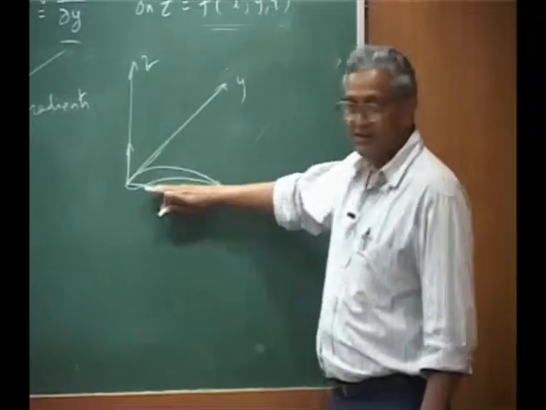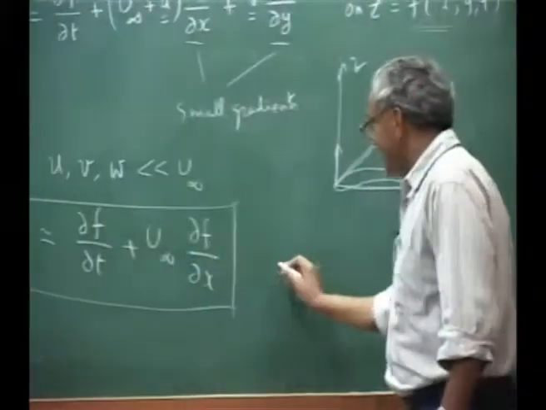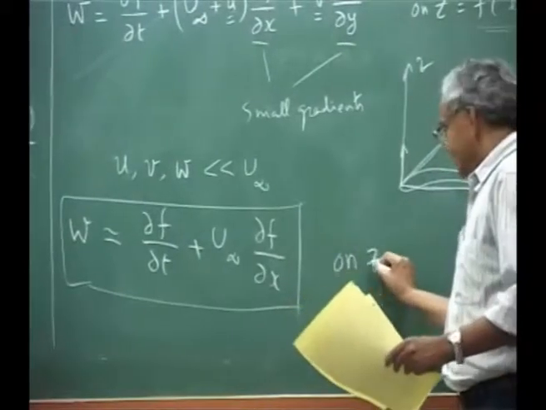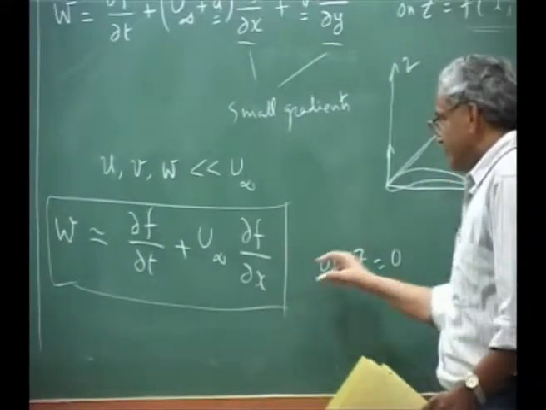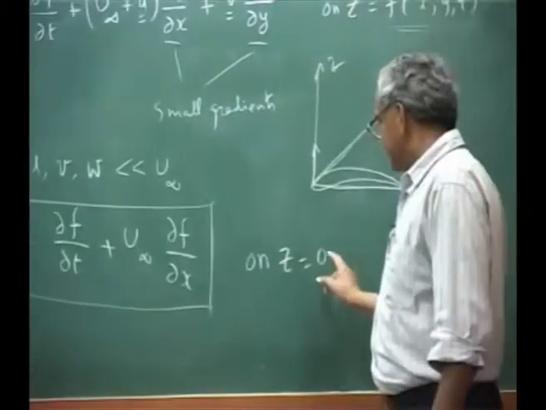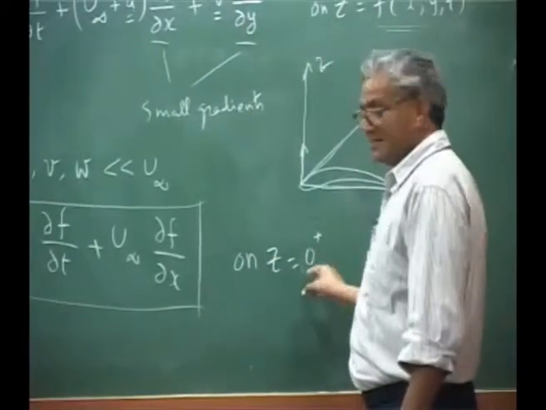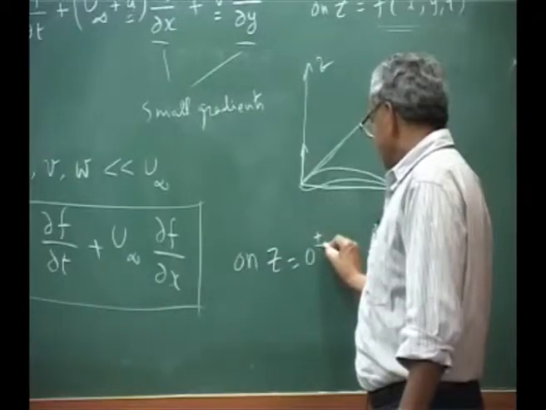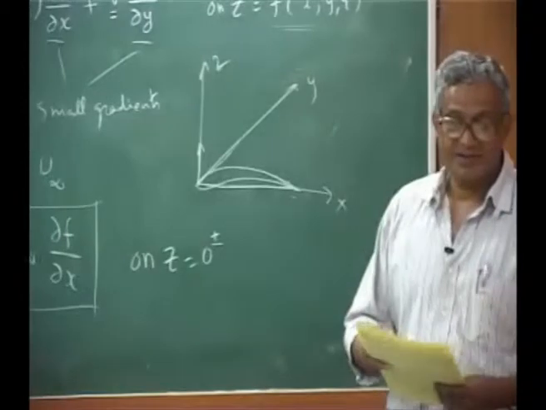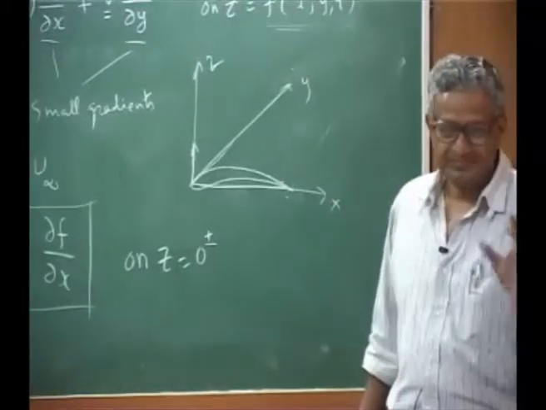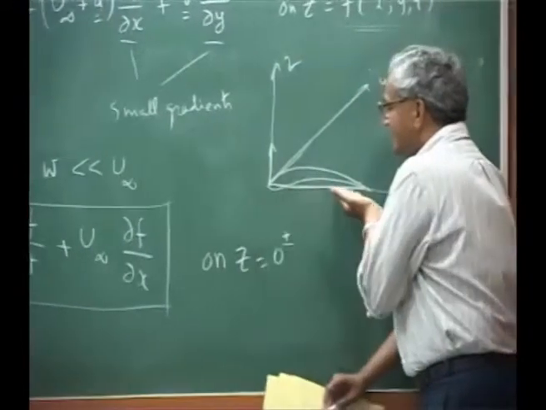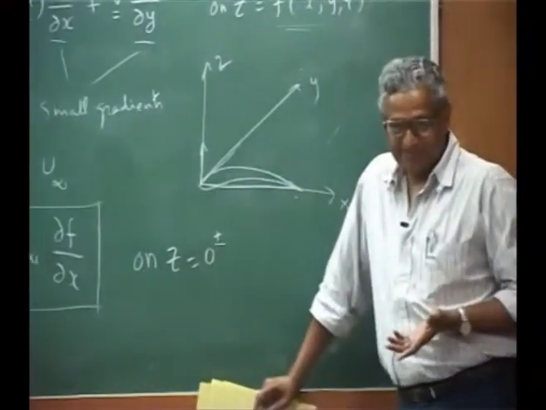I will satisfy on this. That is why here I will write it on z equals 0. This I am satisfying the condition. On z equals 0, when I put plus, that is the top surface. When I put minus, that is the bottom surface. So as far as I am concerned, my W is only on this plane I am considering.